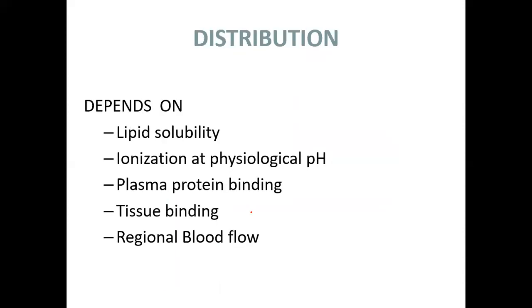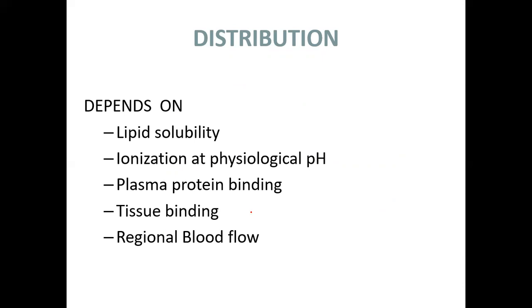Now, there are certain factors on which distribution depends, and these factors would be lipid solubility. A drug that is highly lipid soluble would be distributed throughout the body. It would easily cross all the membranes. It would reach all the extravascular spaces, whereas a water soluble drug would stay in the vascular compartment only.